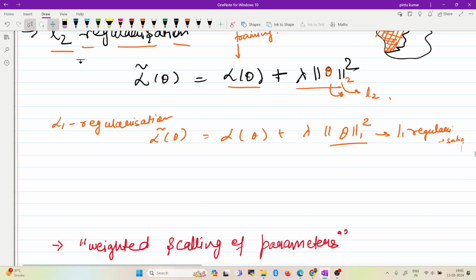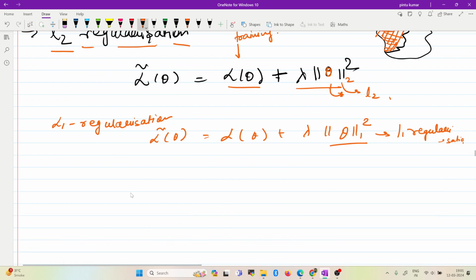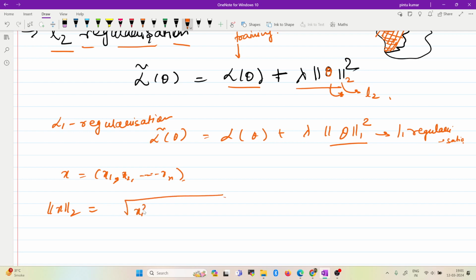For somebody who doesn't know what the L1 and L2 norms are, let's say x is equal to x1, x2, up to xn. Then the L2 norm of x is the square root of x1 square plus x2 square, and so on till xn square.